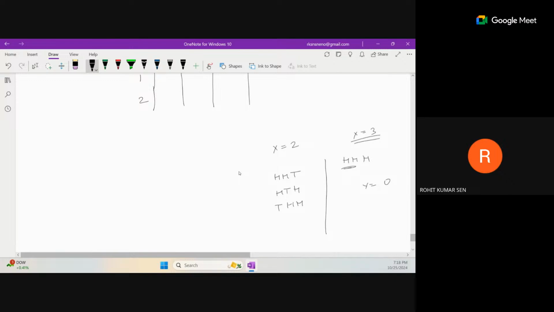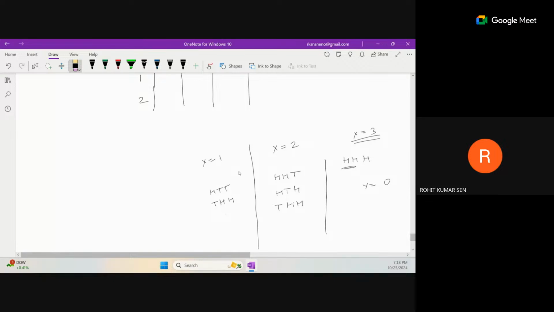Now we will talk later about Y. Can you tell me X = 1? So I have one head. Head, tail, tail, and what is the third one? Tail, head, tail.